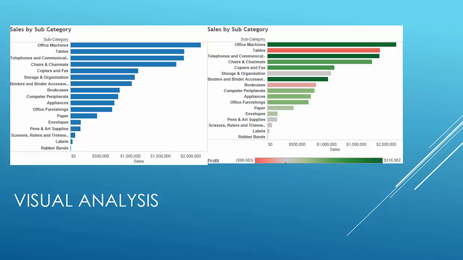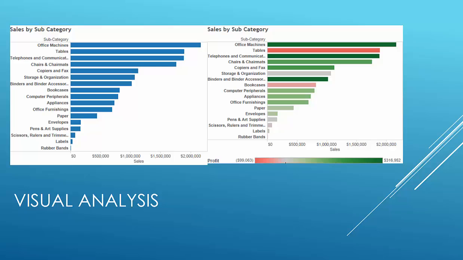The only difference on your right is we have color coded the visual on your left using profit.